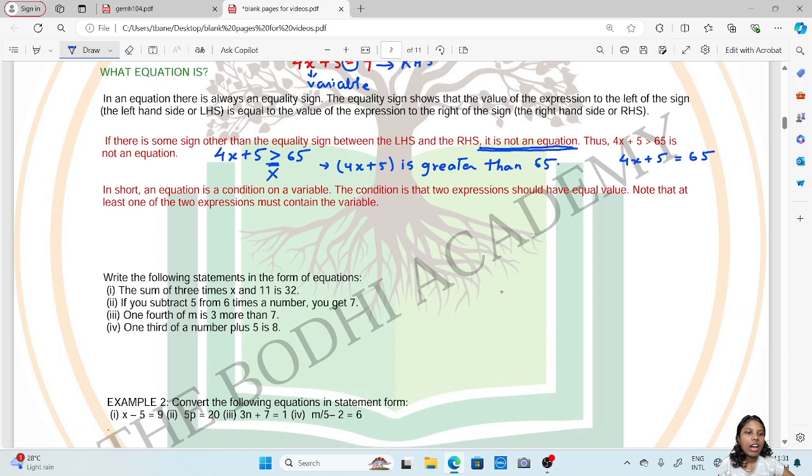Now after solving this part, I should also get 65. That is what it means. The condition is that the two expressions should have equal value. This LHS and RHS both should be equal to 65. And note that at least one of the two expressions must contain the variable. So here we have the variable. On at least one side there has to be a variable.